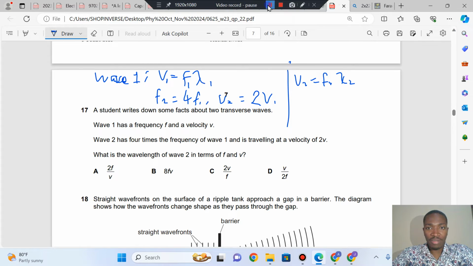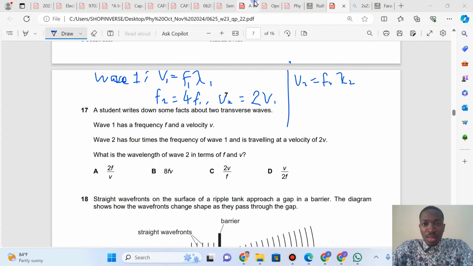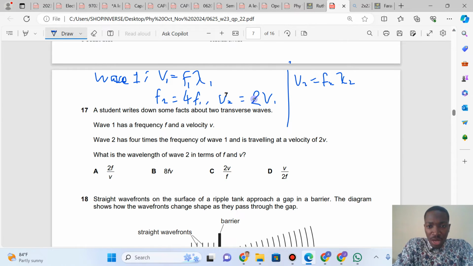Now we are going to substitute the value of V2 and the value of F2. Let us substitute V2 equals 2V1. So we have 2V1 equal to F2 times lambda 2, and F2 equals 4F1. So we have 4F1 multiplied by lambda 2.